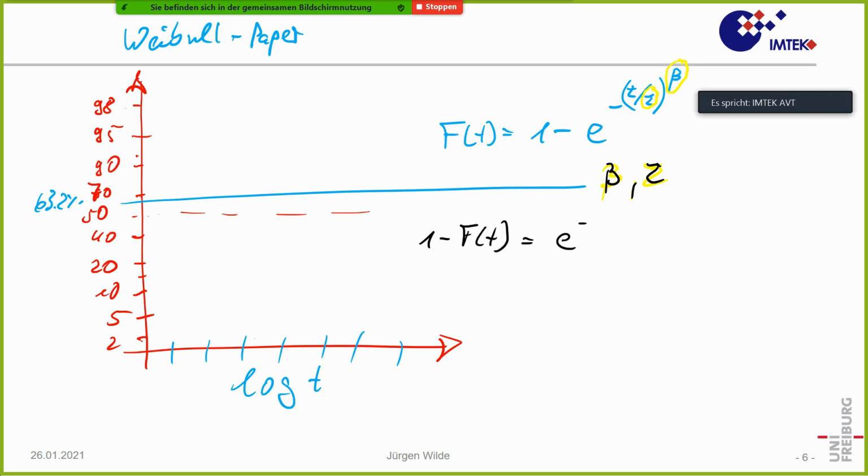So we bring the 1 to the other side, and then 1 minus f of t is e to the power of minus t divided by tau to the power of beta, and then we take the logarithm of this. When we take a logarithm of an e function, we just get the argument, so the logarithm is equal to minus t divided by tau to beta.